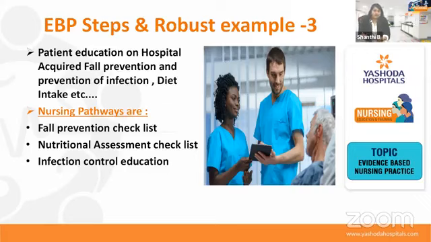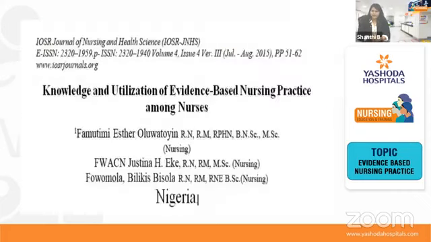You have a nutritional assessment checklist. Otherwise, we cannot provide the diet unless we have calculated the nutritional intake as per the patient's comorbid status or diagnosis. You have an infection control education checklist and tool, where you not only educate the healthcare providers, you also demonstrate to the patient and attenders what aseptic minimal barrier precautions to take when they enter the ICU or the ward and move closely with the patients.